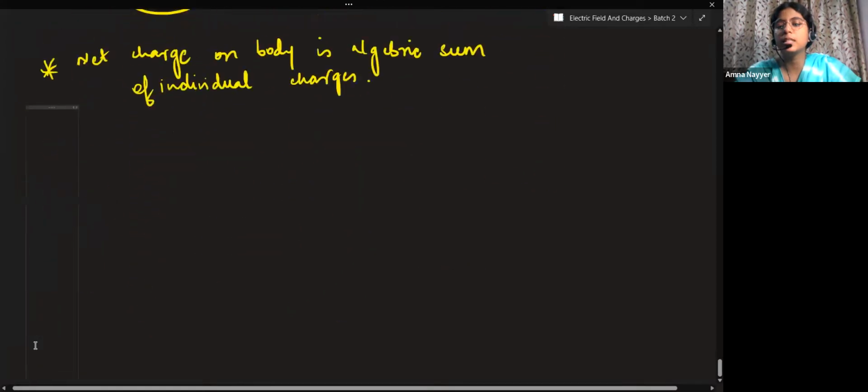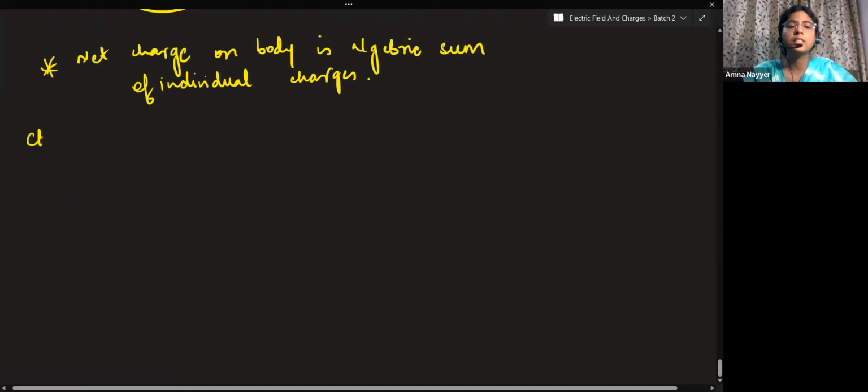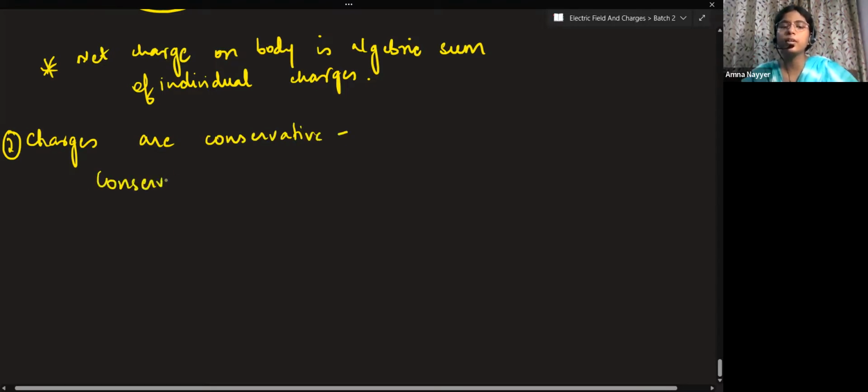This is the second property: charges are also conservative, means conservation of charge. Simple, the way you used to do conservation of energy.